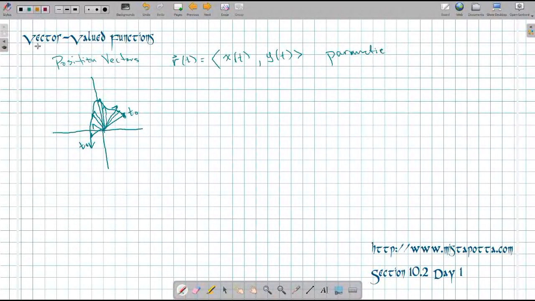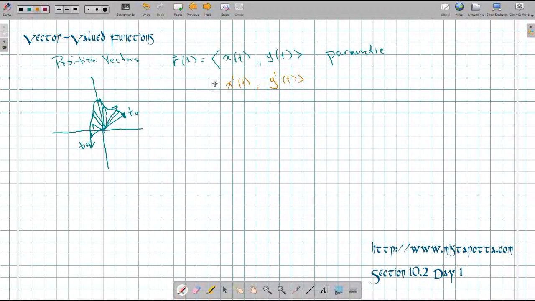And of course, because these are functions, I could talk about the change of x with respect to t, and the change of y with respect to t. So I could talk about a vector whose components were x prime of t and y prime of t.